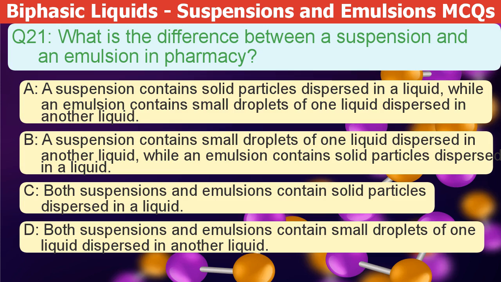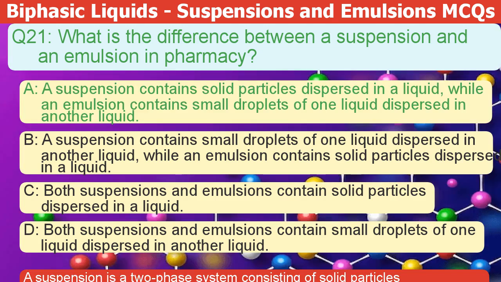C. Both suspensions and emulsions contain solid particles dispersed in a liquid. D. Both suspensions and emulsions contain small droplets of one liquid dispersed in another liquid. The correct answer is A. A suspension is a two-phase system consisting of solid particles dispersed in a liquid continuous phase, while an emulsion is also a two-phase system but consists of small droplets of one liquid dispersed in another liquid.